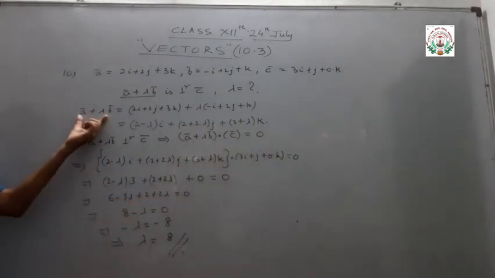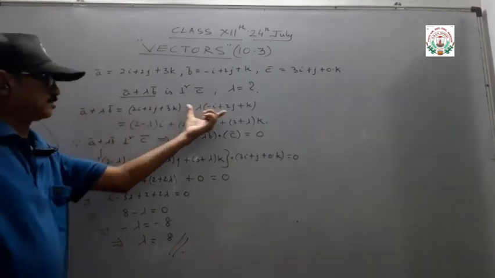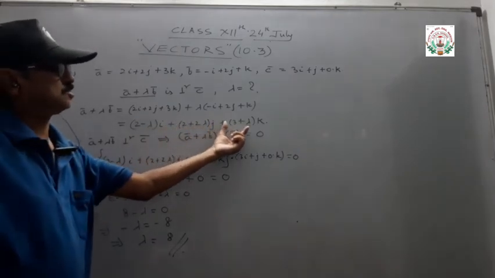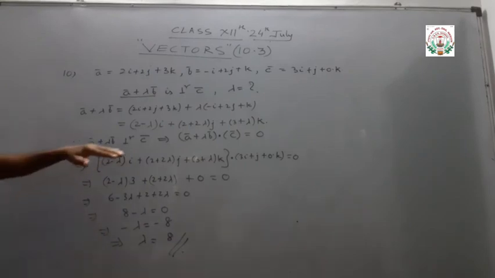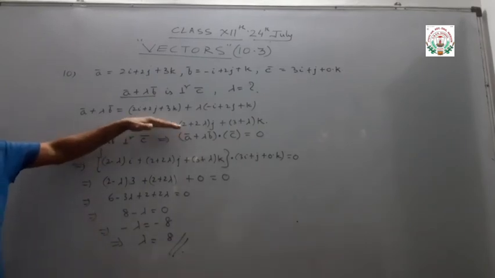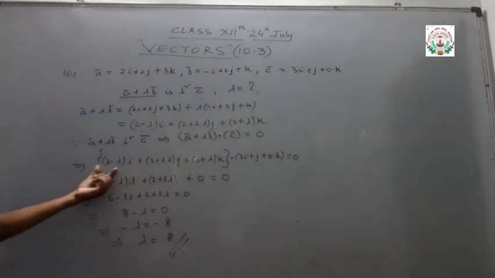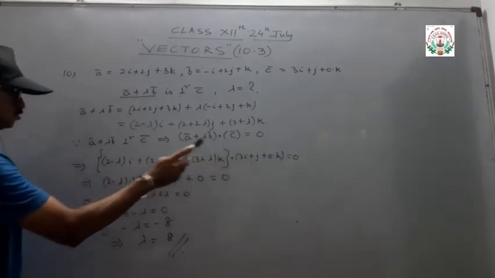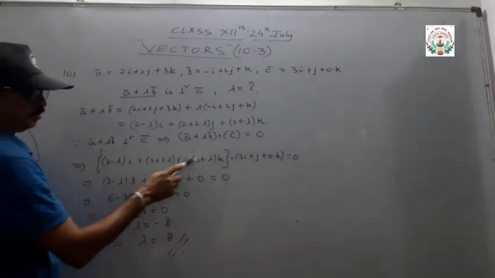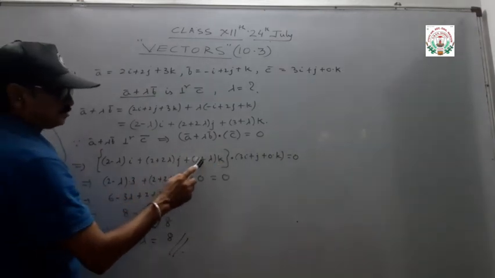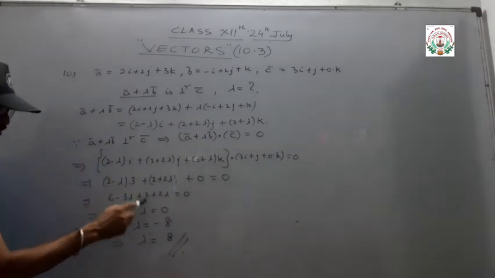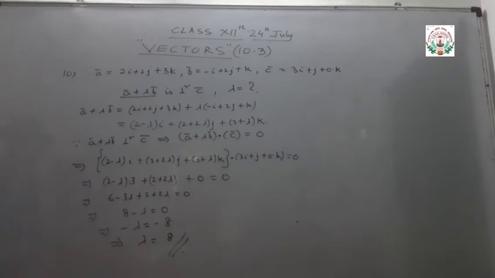First we calculate A plus lambda B, which gives (2 minus lambda) into i plus (2 plus 2 lambda) into j plus (3 plus lambda) into k. Then we take the dot product of this vector with C vector. So i dot i is 1, so (2 minus lambda) into 3; j dot j is 1, so (2 plus 2 lambda) into 1; and (3 plus lambda) into k, the coefficient of k in C is 0, so this vanishes. Further we will solve this equation and get the value of lambda that is equal to 8. Let's go to the next question.